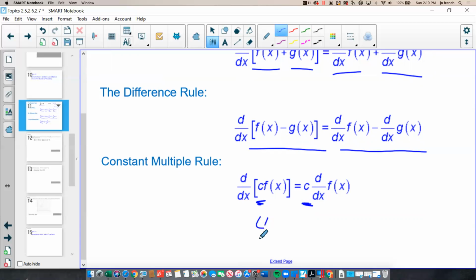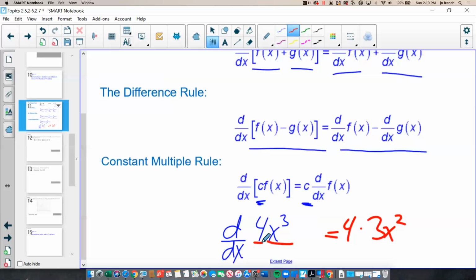So if I have the function 4x cubed, if I want the derivative of this, I can take the derivative of x cubed, which would be 3x squared, and that just gets multiplied by my coefficient. The coefficient just carries through. It doesn't get its own separate derivative process. It's included and carries through on the derivatives that we take.